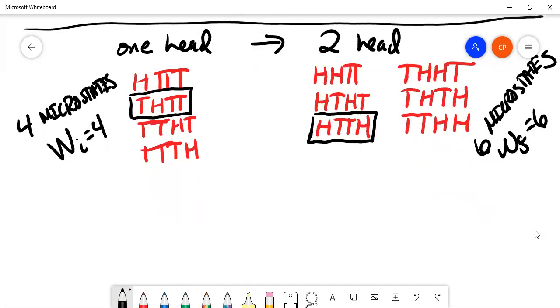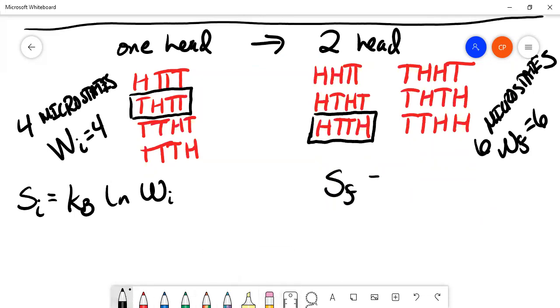And I can still stake out an initial entropy of k sub B times the natural log of W initial, and a final entropy equal to k sub B times the natural log of W final.